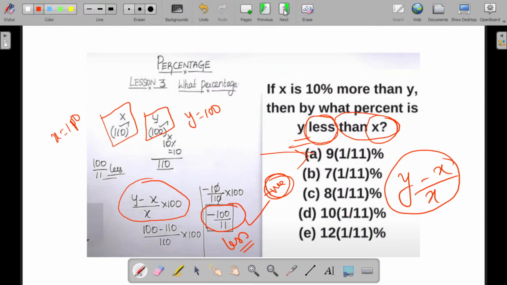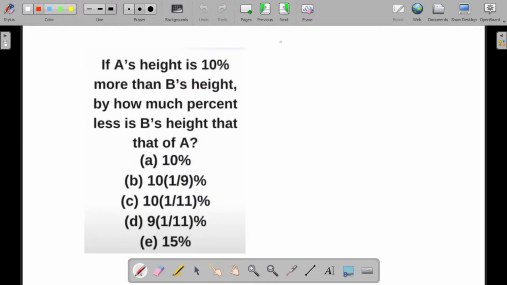Okay, next. Please all of you attempt this. If A's height is 10 percentage more than B's height, by how much percentage less is B's height than A?